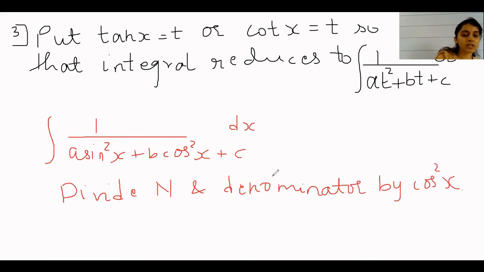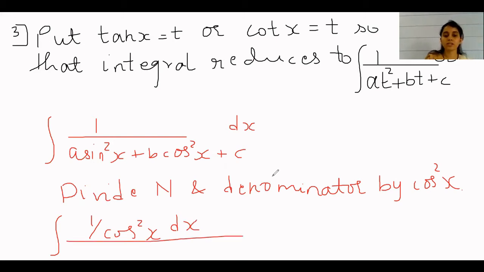We'll get integration of 1 upon cos square x in the numerator, divided by, now sine square x upon cos square x is tan square x, so a tan square x, plus b cos square x upon cos square x cancels, plus c upon cos square x, that will be c sec square x.